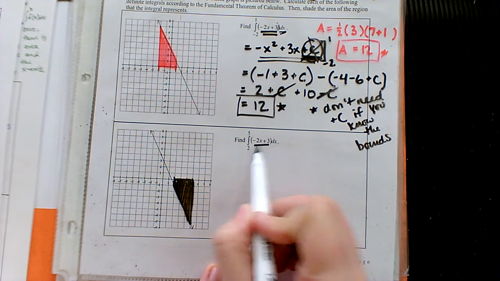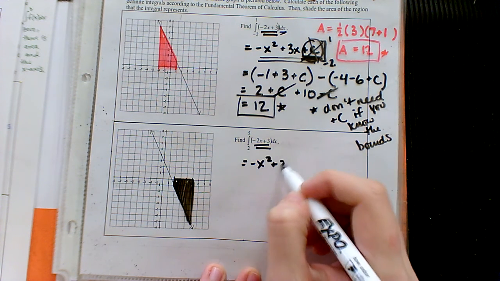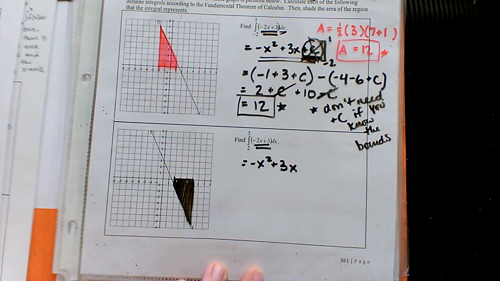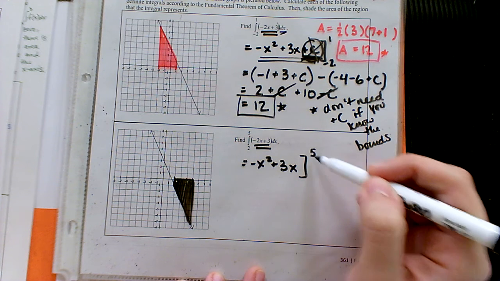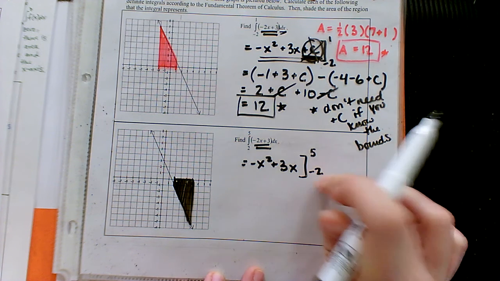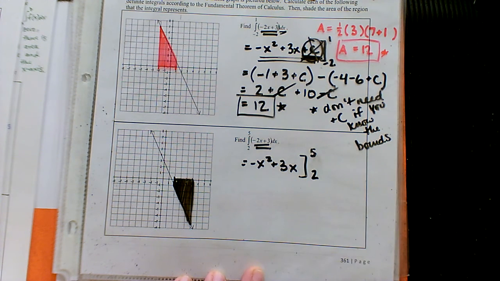So by hand, we're going to work backwards first. We're going to have the same antiderivative as before. We don't need the plus c though, because we know the bounds. We'll throw in the bracket and write 5 and 2. Which bound do we plug in first?